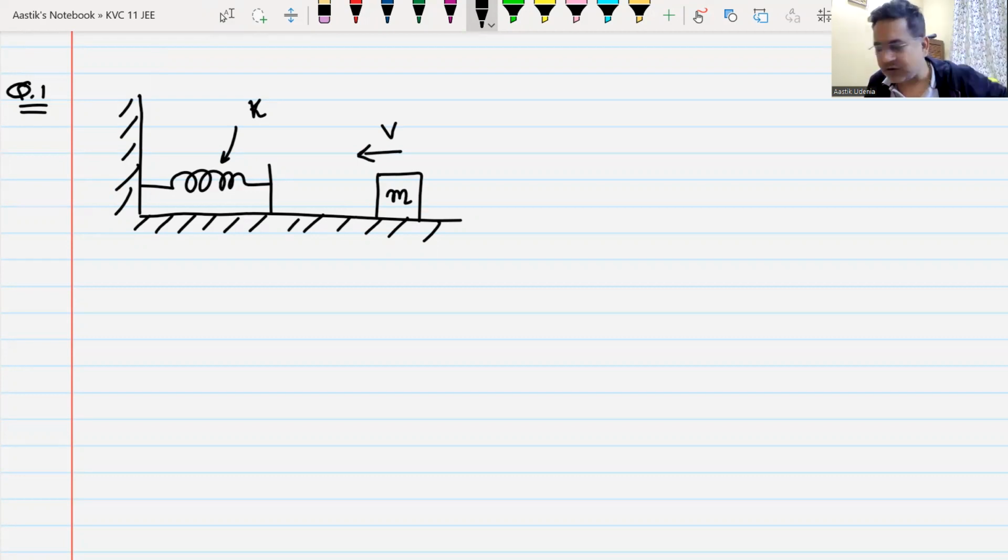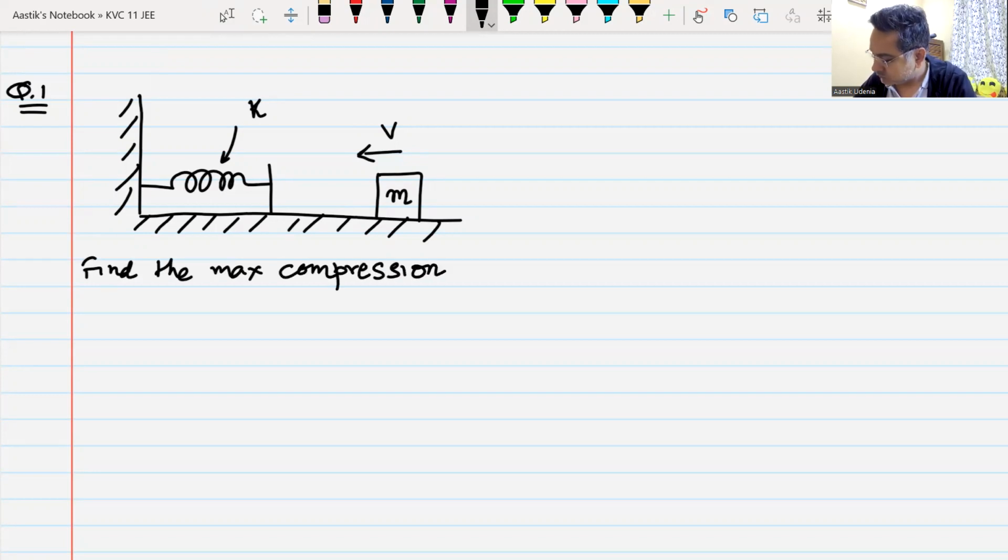The block is going to come in contact with the spring and compress it. Find the maximum compression in the spring.